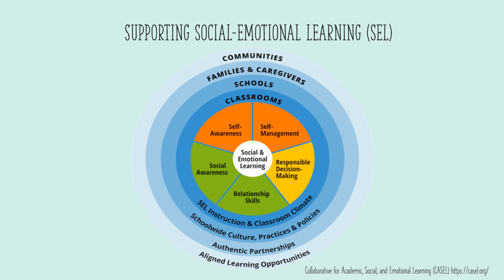Supporting students' social and emotional development does not need to happen in isolation or as a separate set of lessons. It is possible to integrate skill instruction and practices that support SEL development within the context of your academic curriculum. Let's dig a little deeper into what that might look like for each of the 5 SEL core competencies.